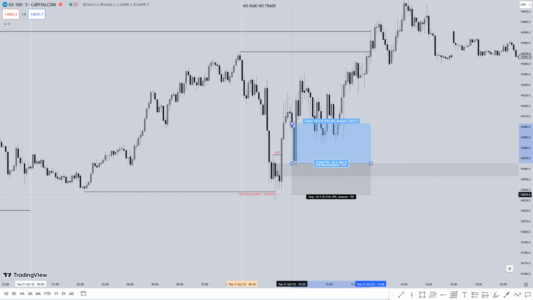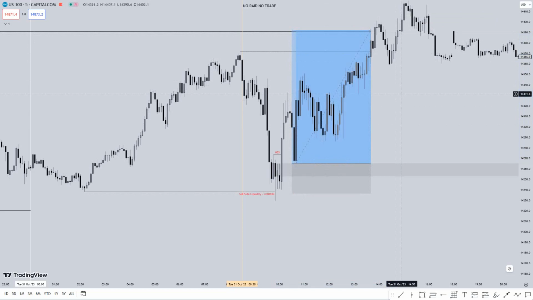So I always like to use the low which got ran out before 8:30. That would be cool for me. And like I said, you can identify your targets being the highs which formed right before that, or you can use session highs, or your previous daily highs as your target.